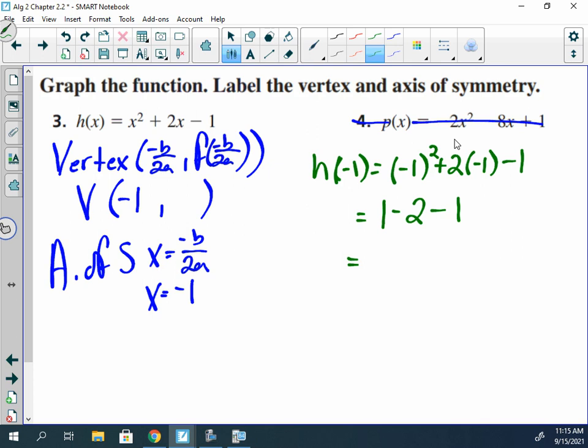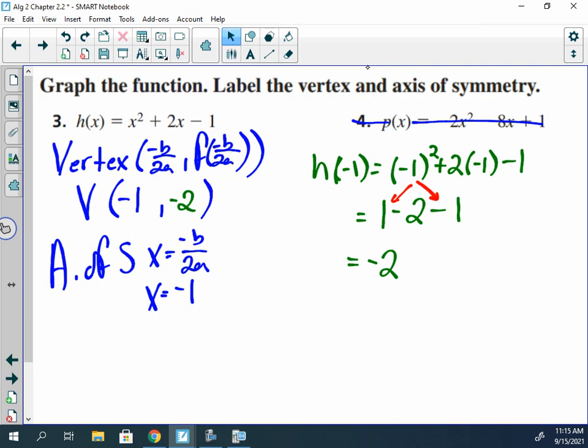So 1 minus 2 is negative 1, minus 1 is negative 2. So I'm just left with negative 2. So the y value of the vertex is negative 2. So we have the point negative 1, comma, negative 2.